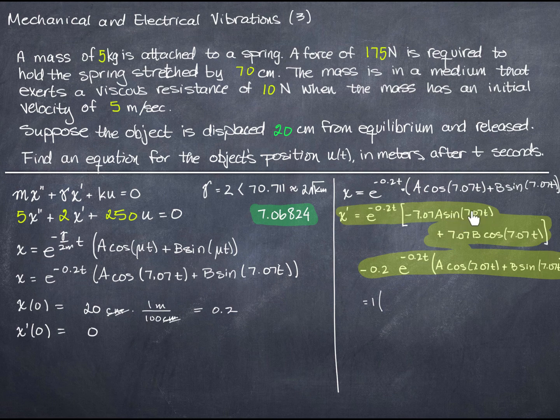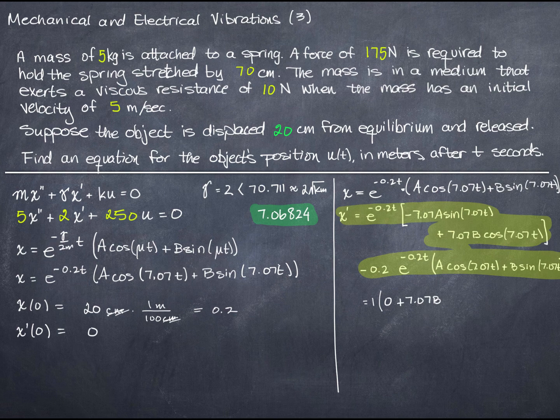That's going to be the sine of 0, and the sine of 0 is 0, so that is all 0. Plus 7.07b times the cosine of 0. Well, the cosine of 0 is 1, so that's just times 1.